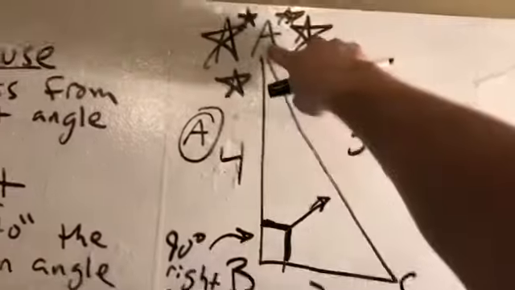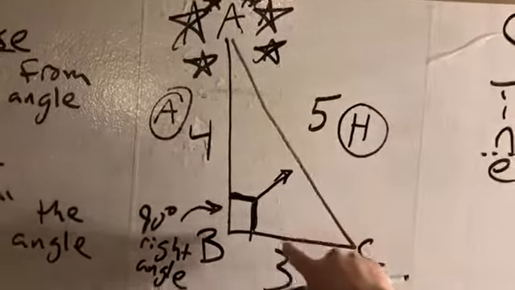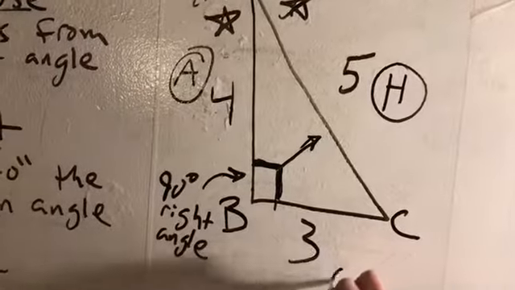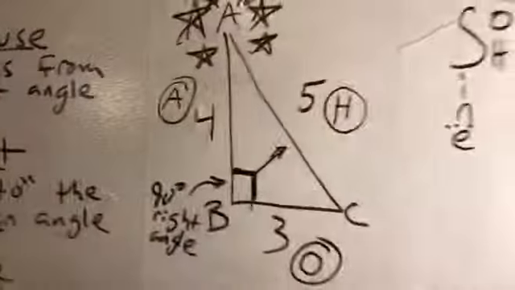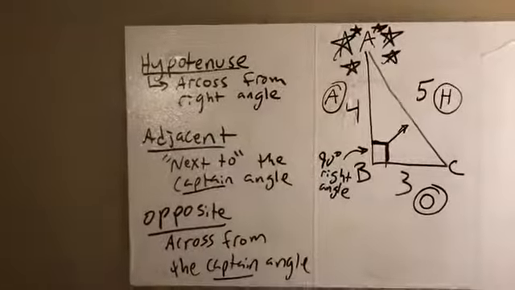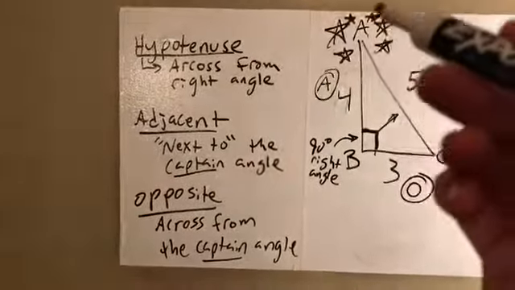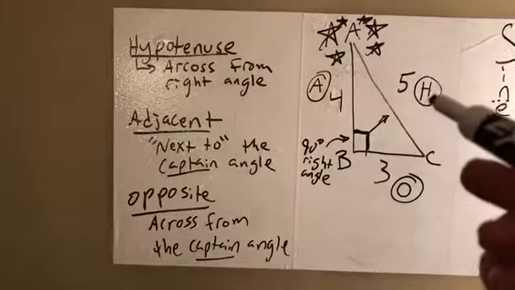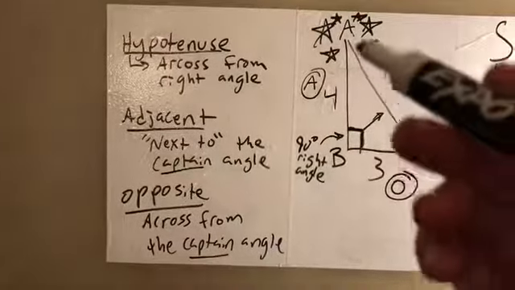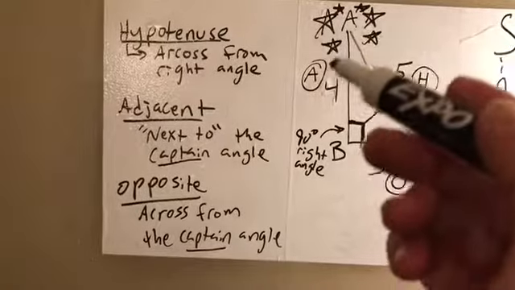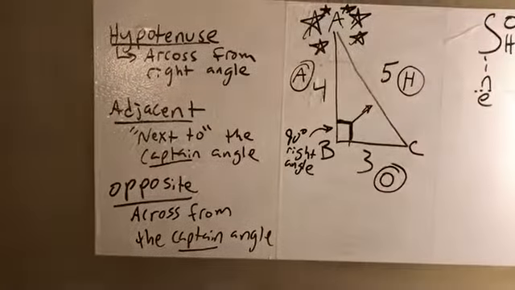So if I go to my captain, on the opposite side, all the way across the triangle, is my opposite side. So before you can do any actual trigonometry, you have to, one, find your captain angle, and then label the sides: your hypotenuse, this adjacent side next to the captain angle, then the opposite side that's across from the captain.